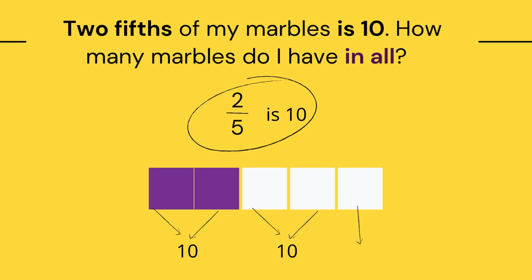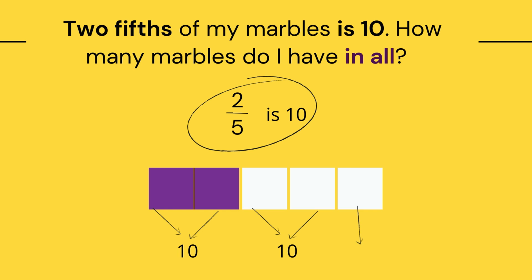Well, I have 2 parts that equal 10, and I can also form another group of 2 parts that will also give me 10. But what happens with that part that we have left? It's not 2 parts, it's just 1.